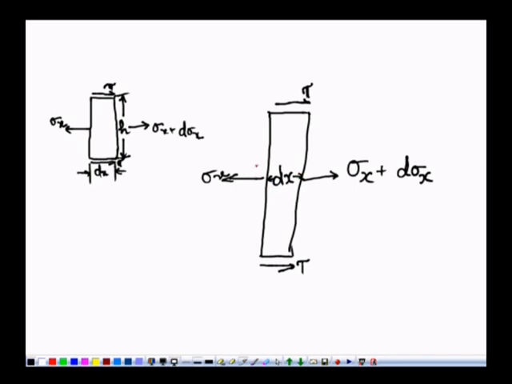And the height, already I have shown it here, that h is somewhere here. This one is h. So, for our analysis, what we have taken is the stress.